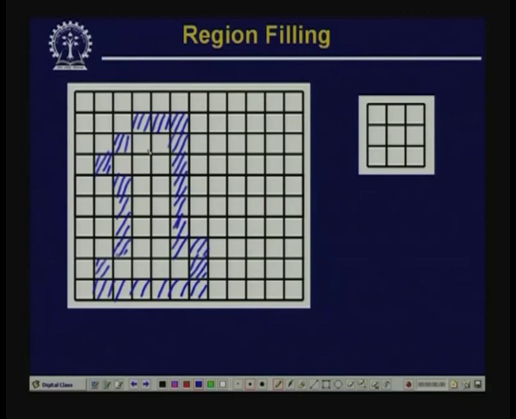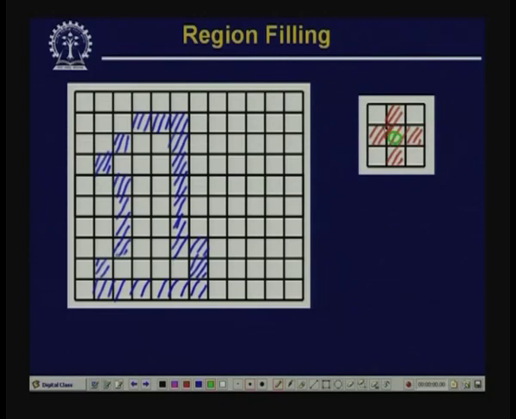And we will try to devise an algorithm by which this internal hollow region can be filled up. For performing this operation, the kind of structuring element that we can use is something like this. Again, we use a structuring element within a 3 by 3 window, where the origin is the center pixel of the window, but in this structuring element we do not consider the diagonal neighbors of the origin.